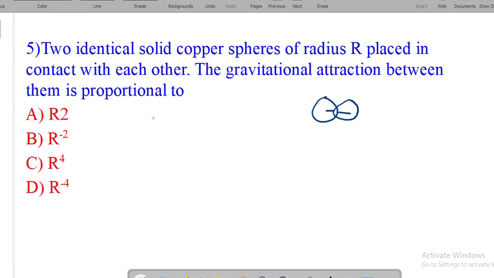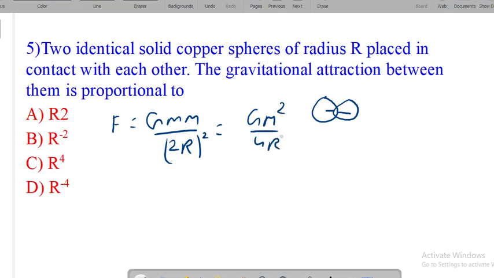Both are identical, which means their masses are the same, so F is equal to G m square upon distance square. The distance between them is, because they are in contact, the distance of the centers, r plus r, which is 2r, so it becomes 2r square. So this comes out to be G m square upon 4r square.